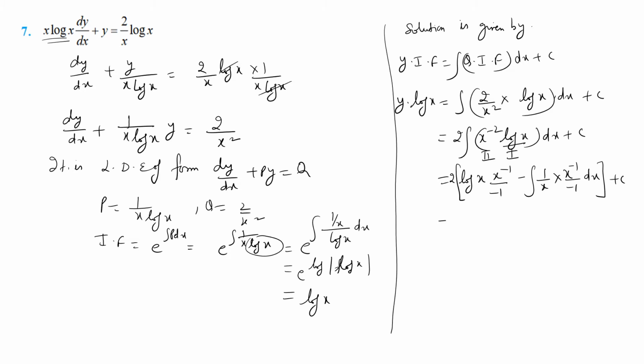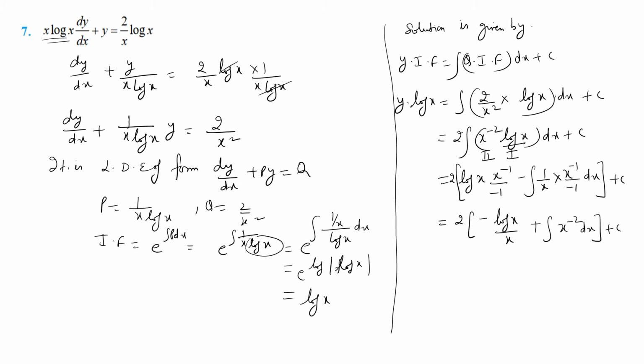So it is 2 into minus log x upon x, and it becomes minus minus minus plus, so it is 1 upon x square. Which you can write clearly, as you have to bring it up afterwards also.